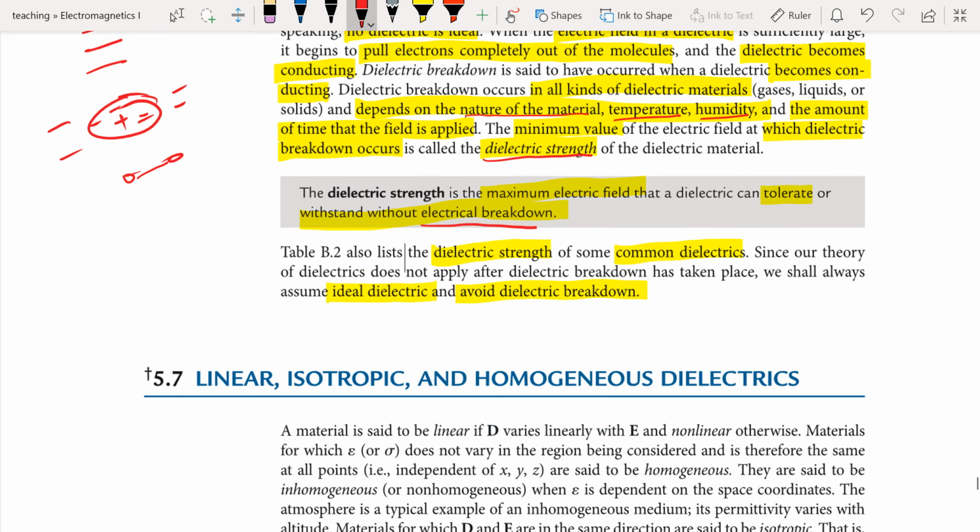As I have mentioned, table B2 lists the dielectric strength of some common dielectrics. Since our theory of dielectrics does not apply after dielectric breakdown has taken place, we are always going to assume that we are dealing with ideal dielectrics and avoid the issues that arise due to dielectric breakdown.